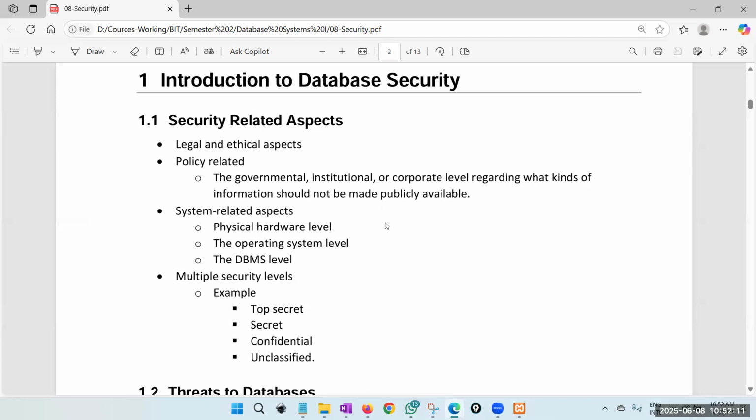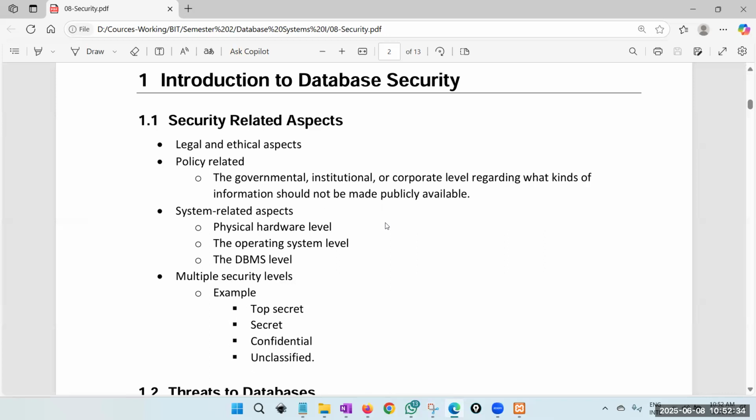Not only that, we can say this particular user can only do select statements, not update or delete. Or we can say you can do manipulation, but you can't create tables or drop tables. So that is for administrative purposes.